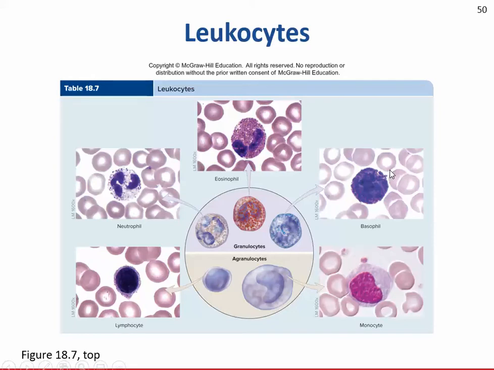Now, the stain that we use has 2 parts to it. One part is a red dye called eosin, and the other part is a blue dye called base. If the granules like the red dye, phil is to like, as in hydrophilic, likes water, necrophilic, likes dead.